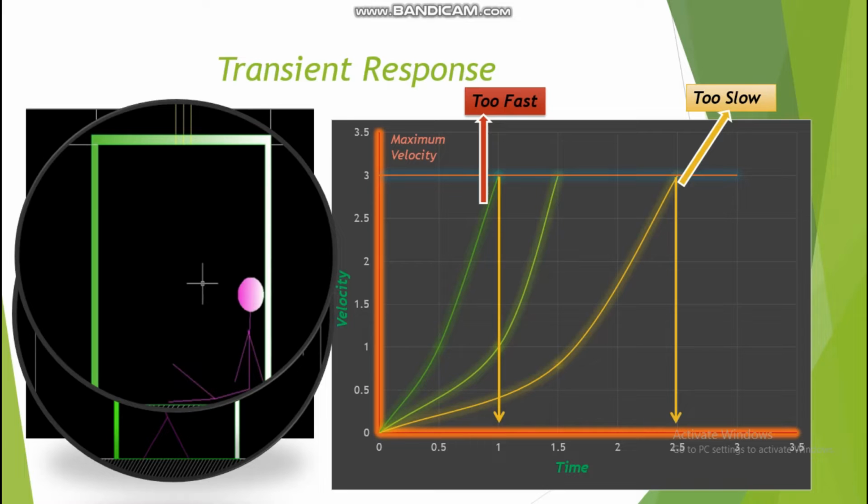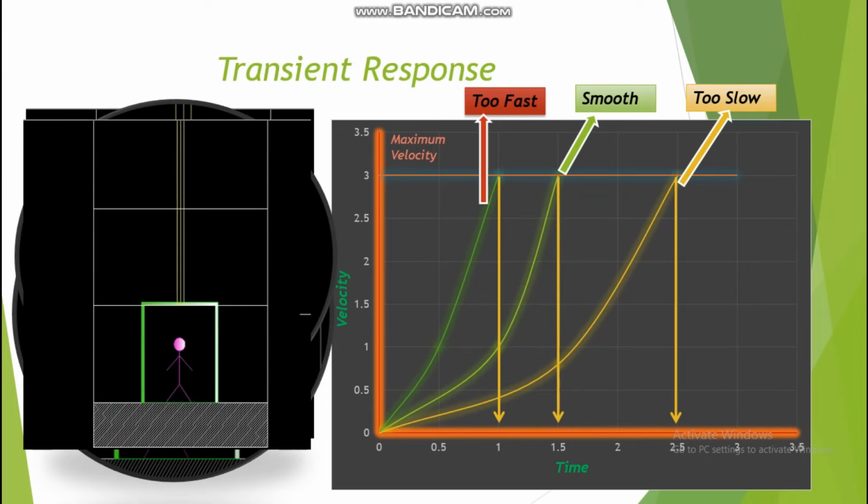So we need to design the system with smooth acceleration so that the guy won't have any issues, as in this case it is taking neither too fast nor too slow. It is a smooth acceleration, taking 1.5 units of time to get to the maximum velocity.